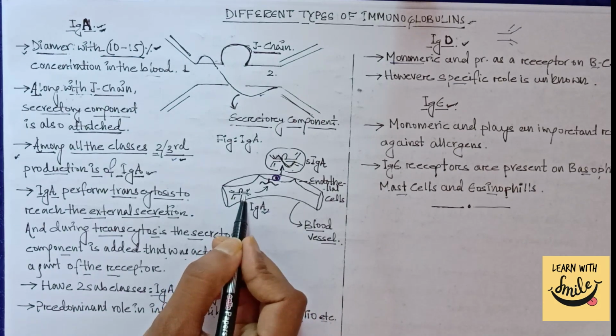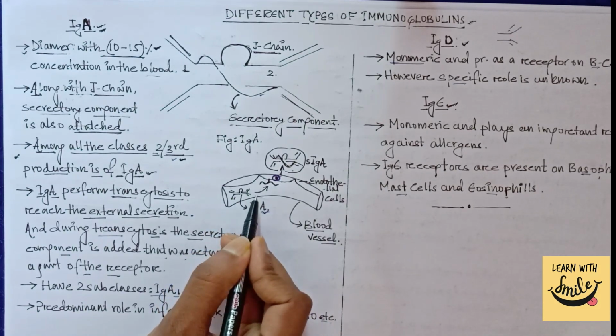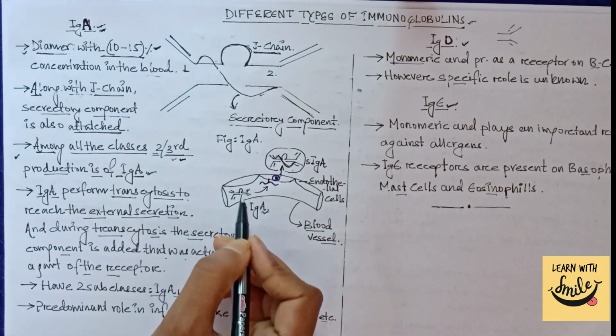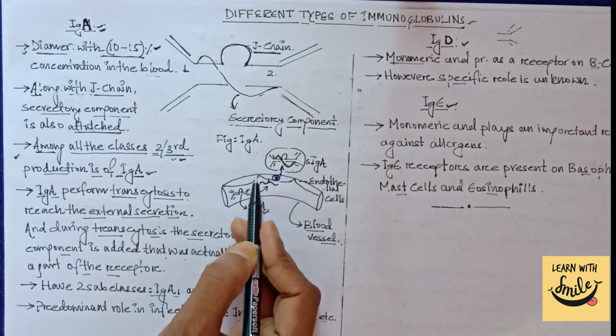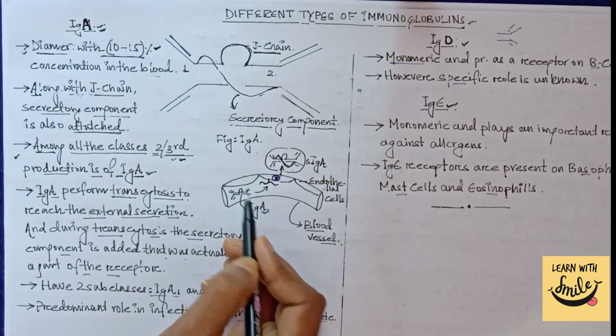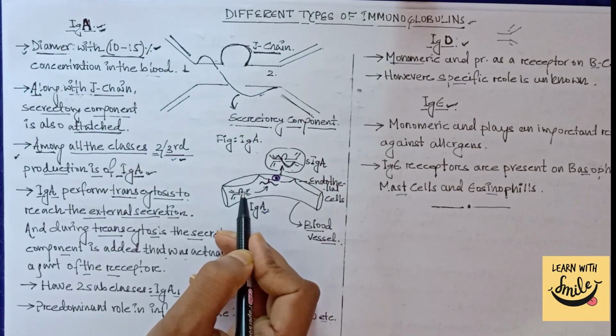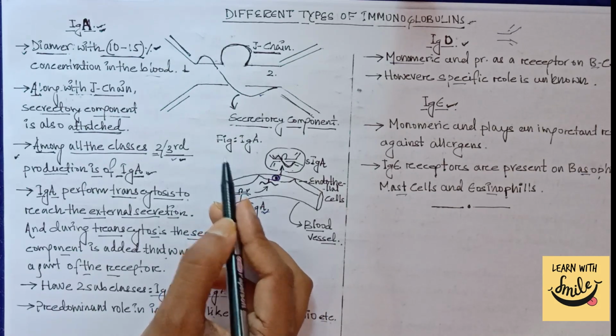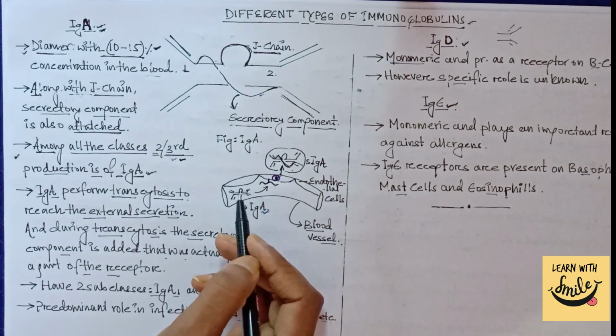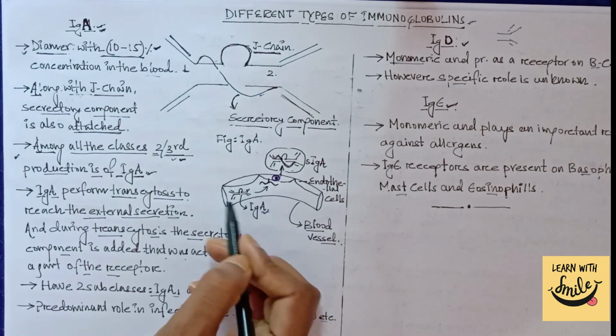Here there is immunoglobulin A, which is synthesized in the blood via the B cells. Since this immunoglobulin has to go to the external secretion, it needs some path to go. Immunoglobulin A cannot be transported directly from the blood vessel to the external environment, so we need some medium for its transportation.